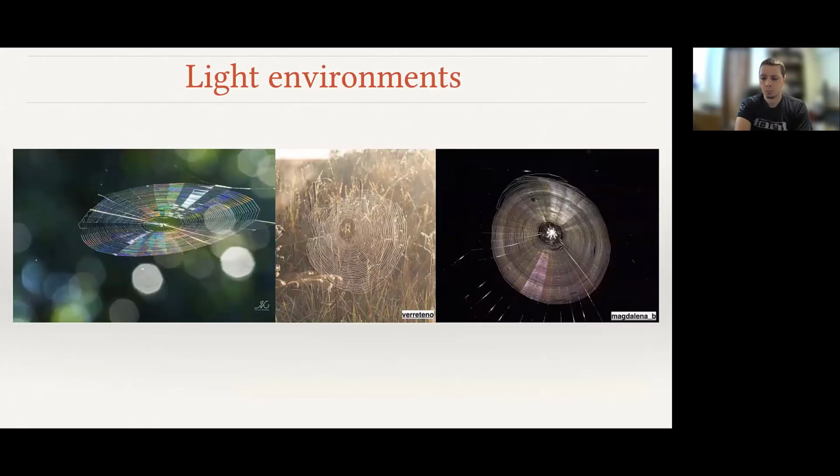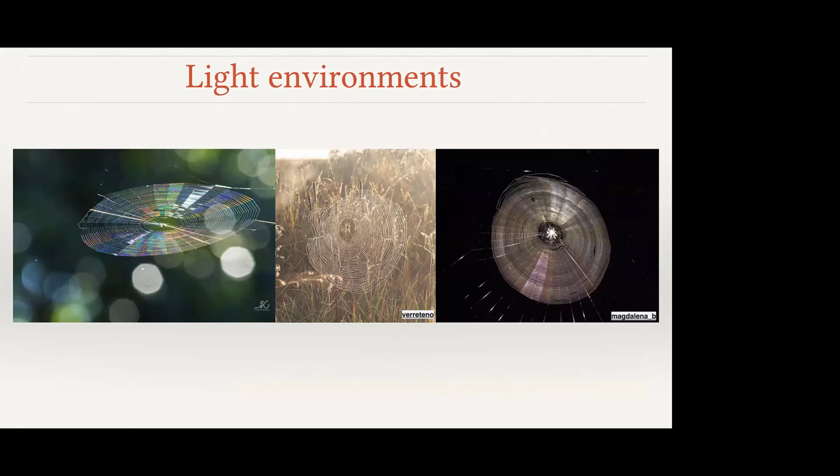In this talk, I'm going to focus on light environments. When I say light environments, I'm usually referring to the angle of light, the sun rays falling on the web. So if you have a web like this and the sun rays are falling at an angle, you get an iridescent coloration. Or if the sun is behind the spider web, you get a backlit condition.